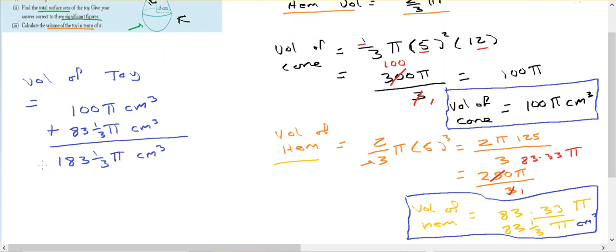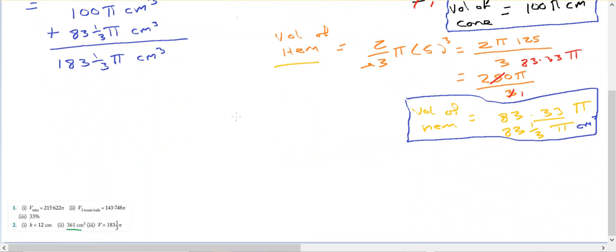So this is our answer here. The volume of the toy in terms of pi is 183 1/3 pi centimeters cubed. And again, we just want to check that and make sure that it's in line with the answer. We can see here that that is the right answer.